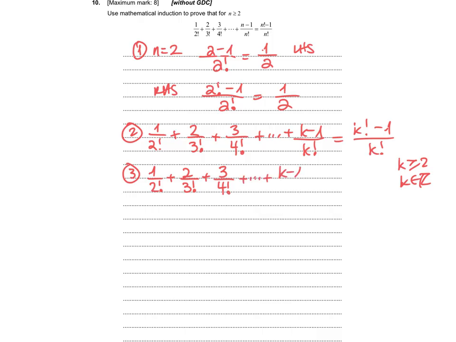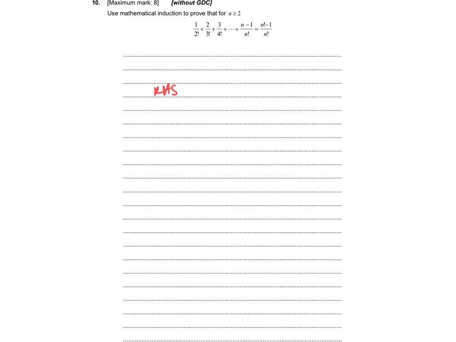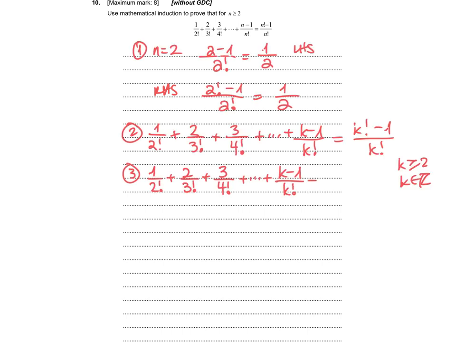So k minus 1 over k factorial plus k plus 1 minus 1, so just k, over k plus 1 factorial is going to be equal to k plus 1 factorial minus 1 over k plus 1 factorial.